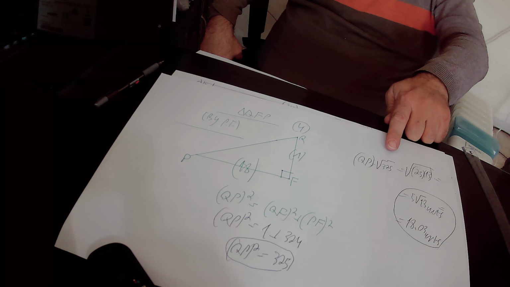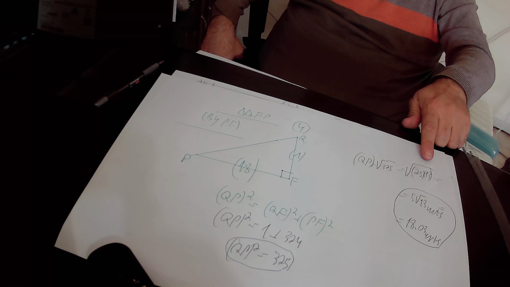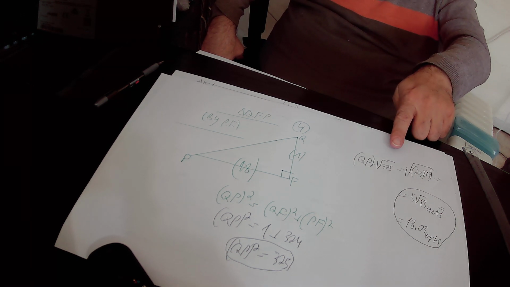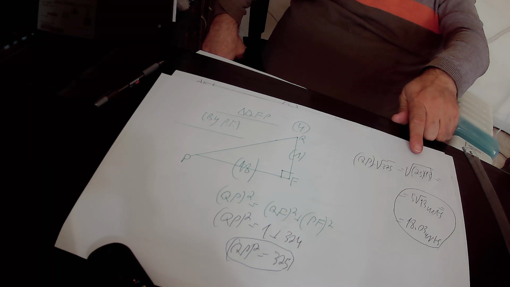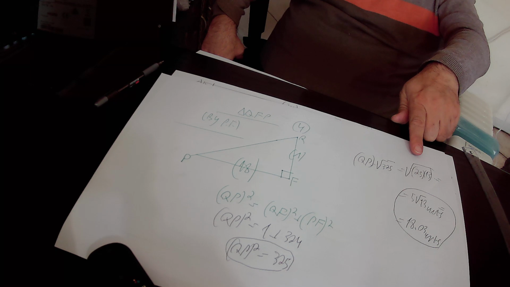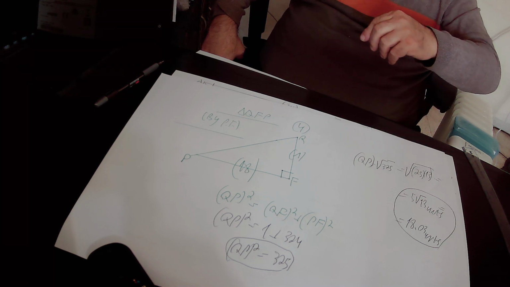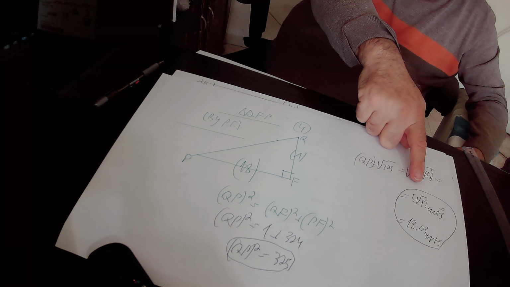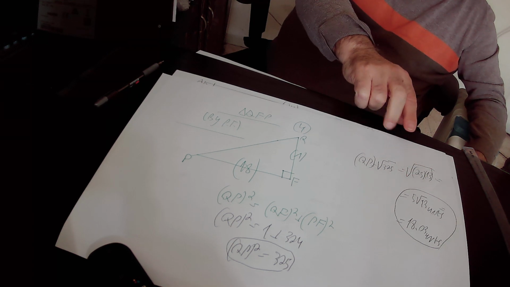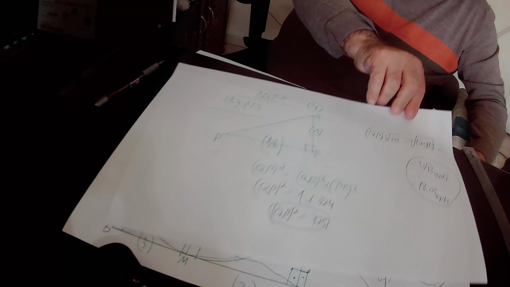But 325 is 25 times 13, so we can substitute 325 by 25 times 13. And the square root of 25 is 5. So we can take 25 out of the root, and inside the root we are left only with 13. In conclusion, the length of the hypotenuse QP is 5 times the square root of 13 units, so in terms of numbers it is 18.03 units.